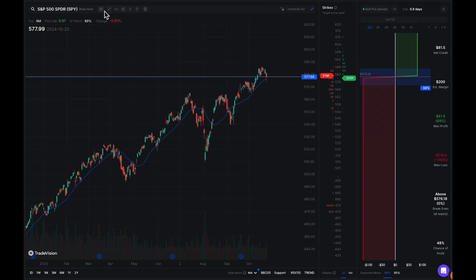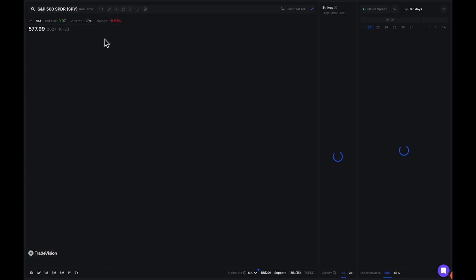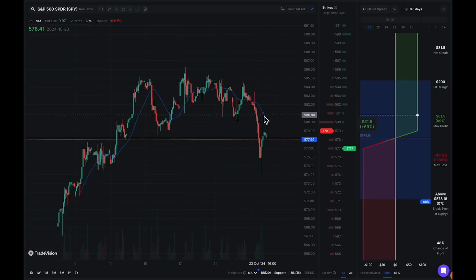Let's say I were to go to an hourly chart, click on hourly, you're going to see that the moving average is priced a little bit differently. It's going to look different on every time frame because again, if it says MA20, then it's the average price of the past 20 candlesticks, right?